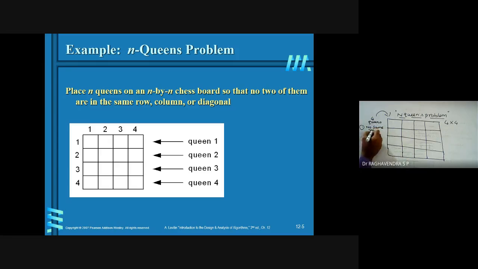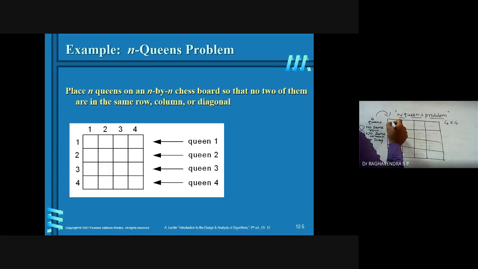We cannot place them on the same row. Next, no same column. I cannot place them column wise also. Then no diagonal also. Diagonal clash is also not allowed.